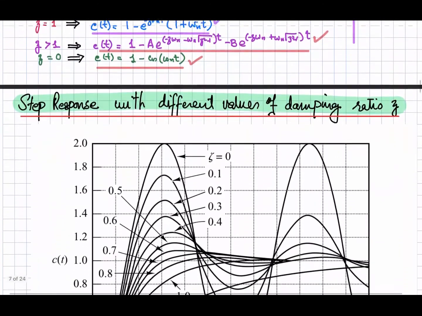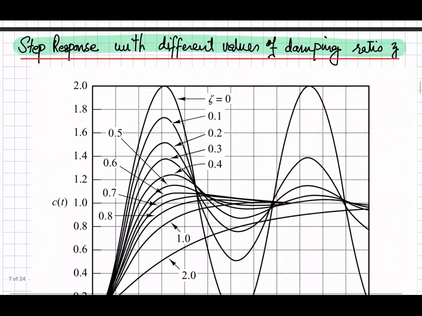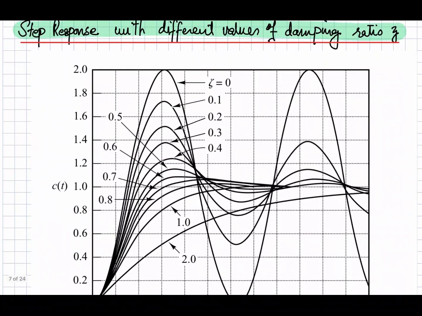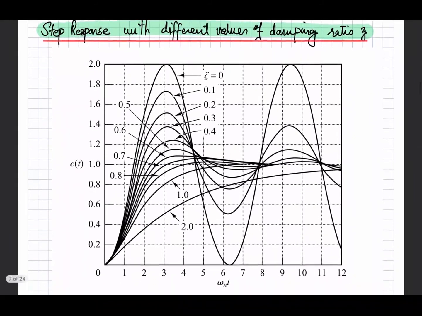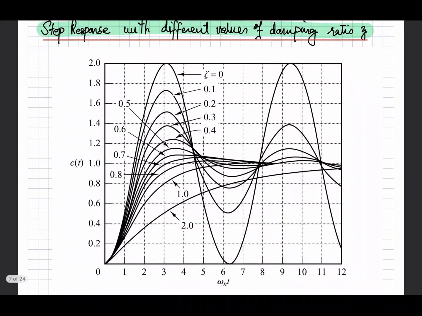Okay, so here you can see the step response of the second order system with different values of the damping ratio zeta. Just look at that one. If your damping ratio is 0, you have sustained oscillations in your circuit.